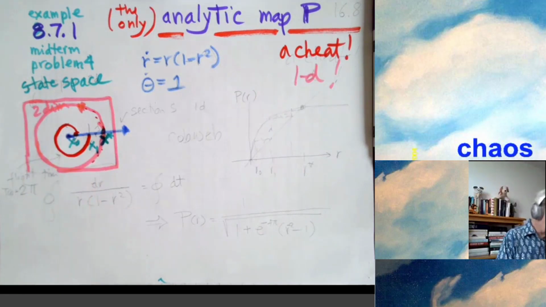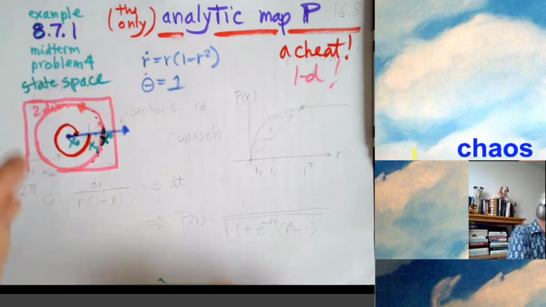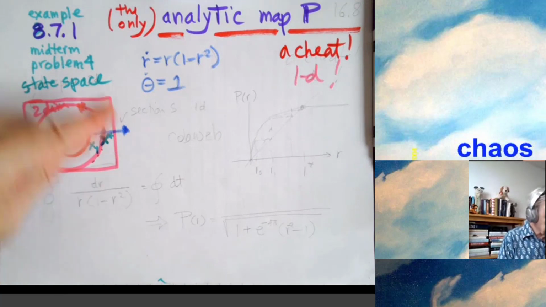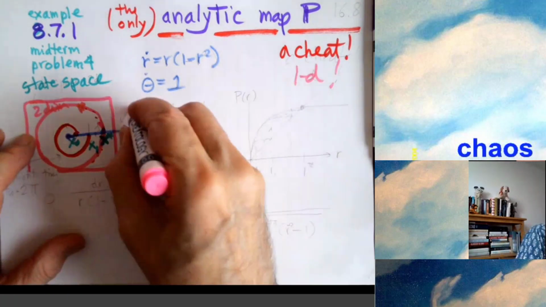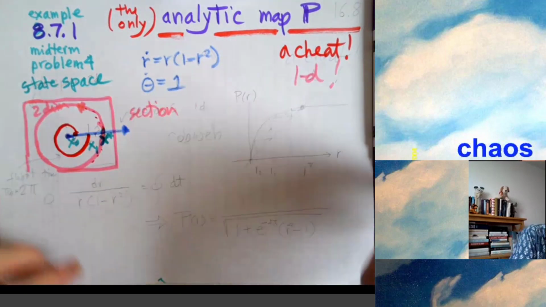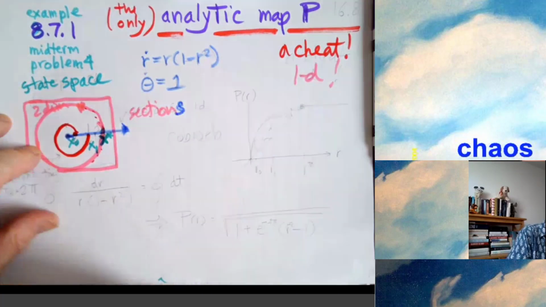And now the cheat was in this particular problem that everybody rotates at the same velocity irrespective of how far you're from origin. So the flight time, it's 2 pi for everybody. That makes it very easy. You don't have to compute flight time. So this is section, Poincaré section, S, and it's 1-dimensional.